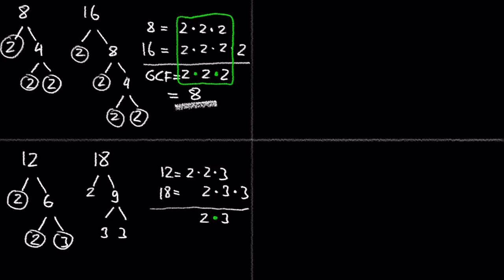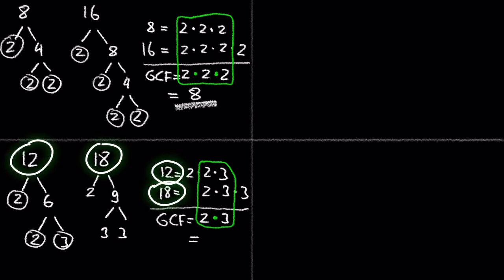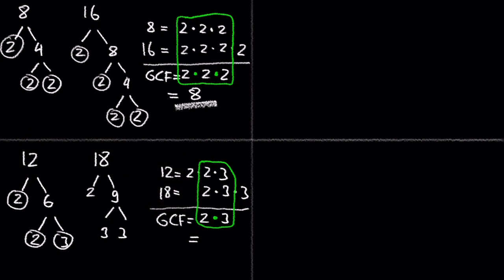Only write those factors into the next line that appear twice in one column. Don't write factors into the next line that appear once in one column. So the GCF of 12 and 18 is 6.